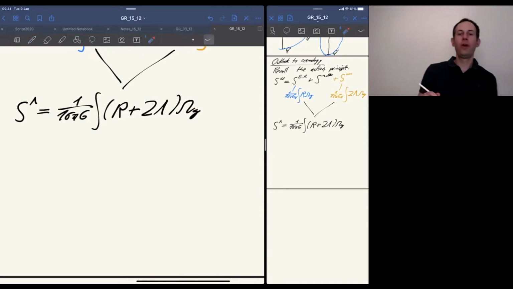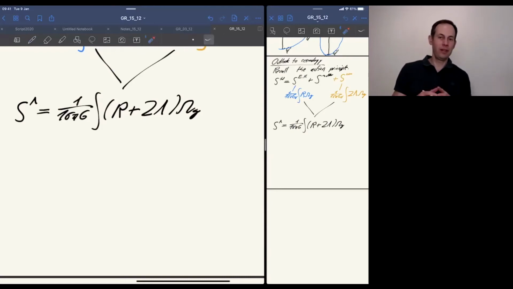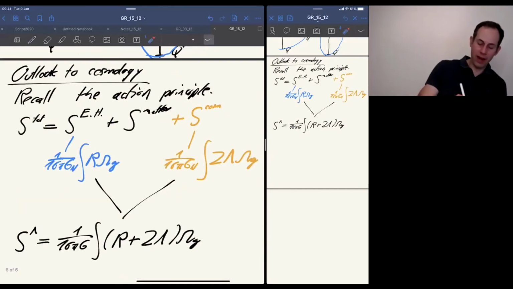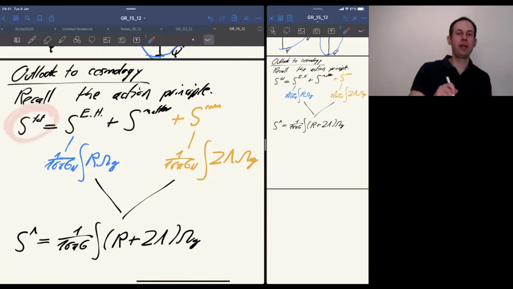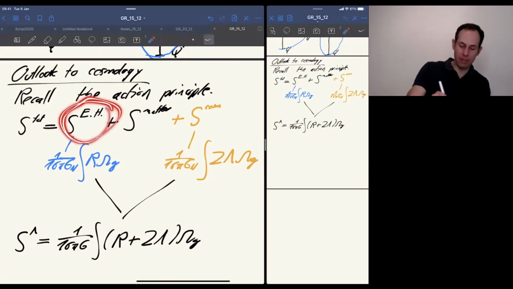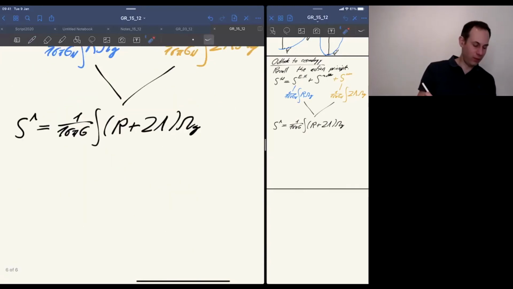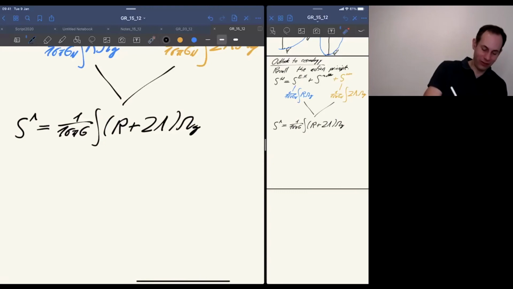Of course, we can turn this all into an equation, and to see how this now enters the Einstein field equation, remember that we got the Einstein field equation by varying the action with respect to the metric. We already did it for this part. We also did it for the matter part. Now for the cosmological constant part, this is quite easy because obviously it's just a constant. So varying it is not that hard.